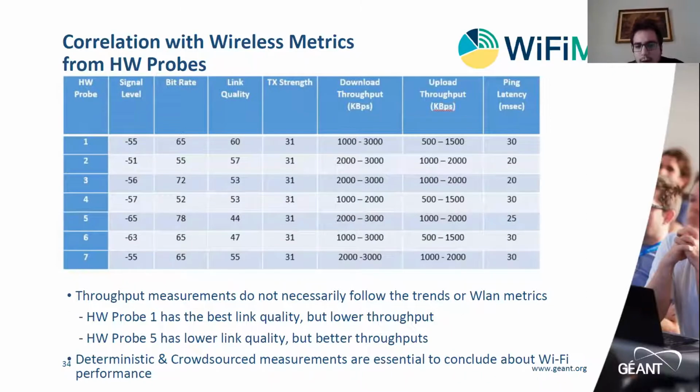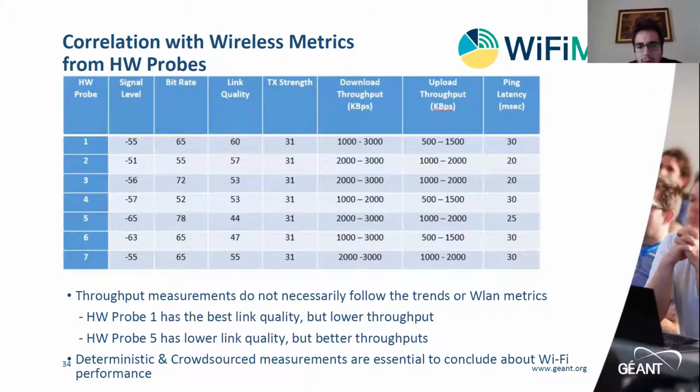HTTP ping. You can see that the throughput measurements do not necessarily follow the trends of the wireless metrics. For example, you can observe the first line, that is the hardware probe 1. You can see that it has the best link quality, 60, but the throughput measurements are lower than other hardware probes.